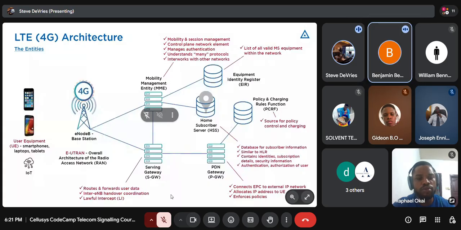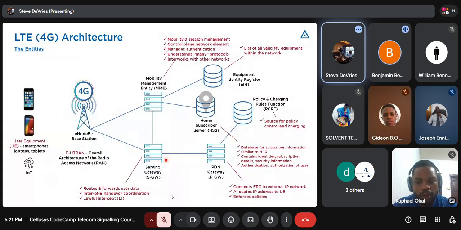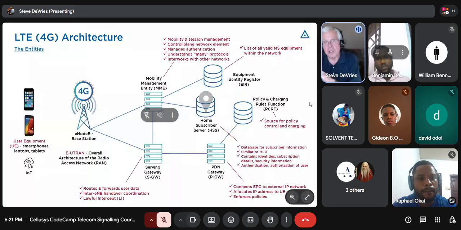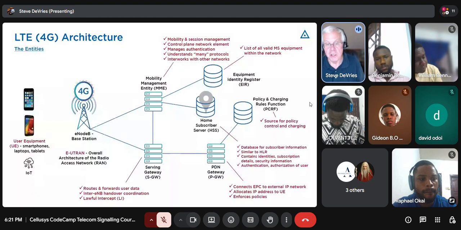No, there's no similarities on the circuit switch here at all. The only similarities on the serving gateway and the PDN gateway would be the serving GPRS support node, the SGSN, and the gateway GPRS support node, the GGSN.